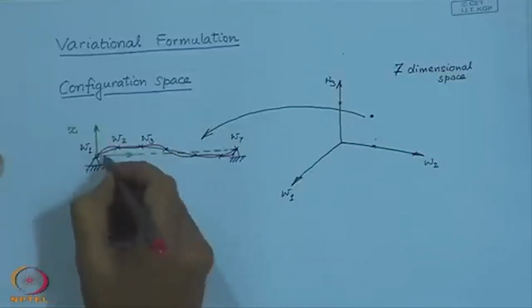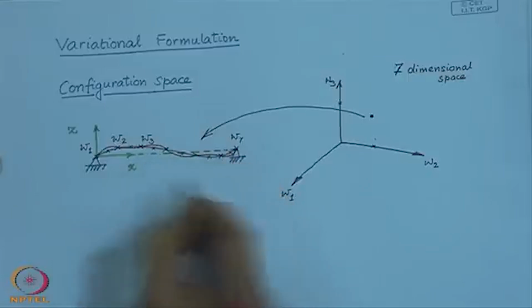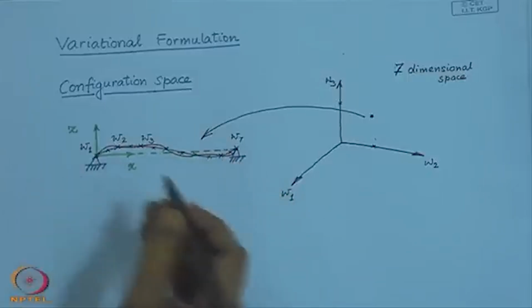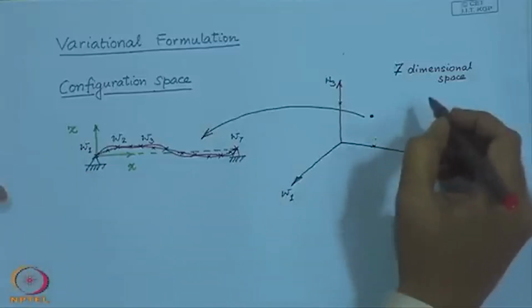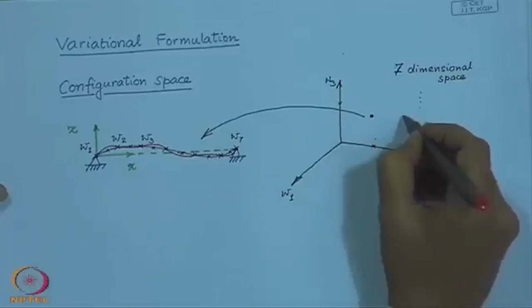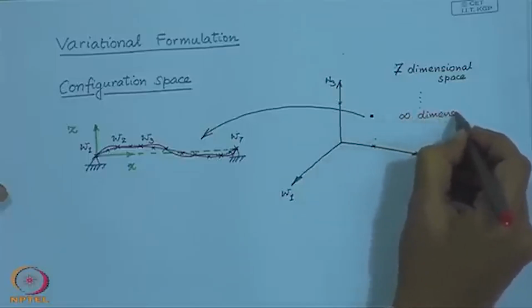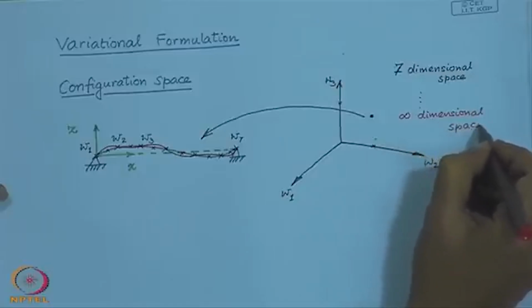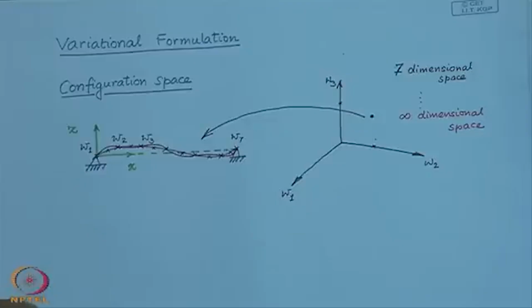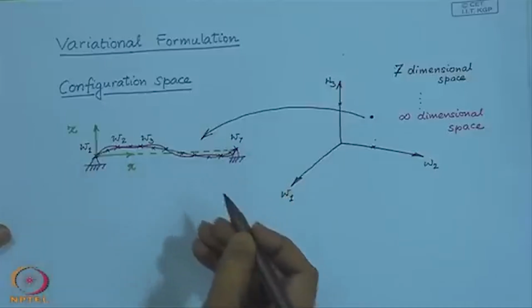We increase the number of points, and if you go on increasing the number of points to capture more and more configurations, or infinitely many possible configurations, finally what you come to is an infinite dimensional space which can track the configurations of the string.